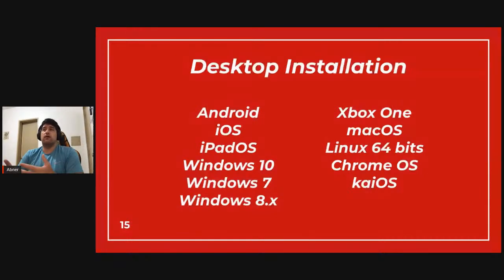So you can do this on desktop using their PWA. This is a really good one. Also, in Windows 10, you can have this on your start bar, so you can find it there. And not only on Windows and macOS, but also on Linux. You can have this on Linux 64 bits.